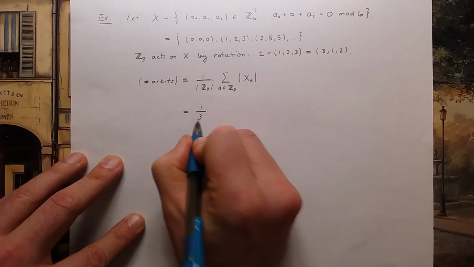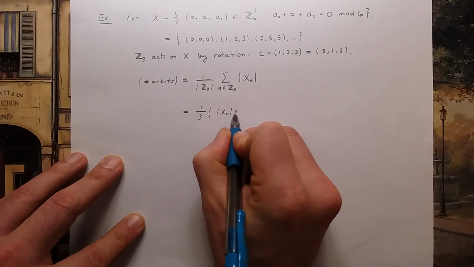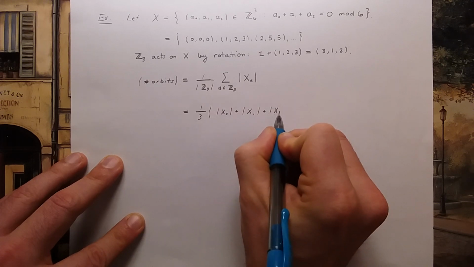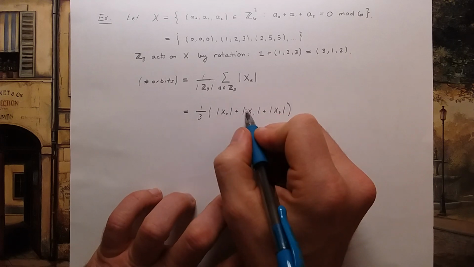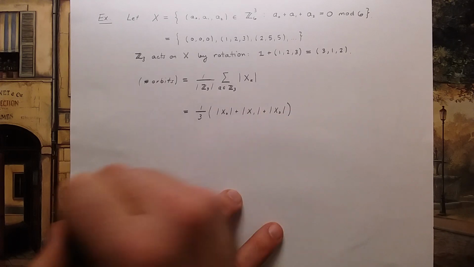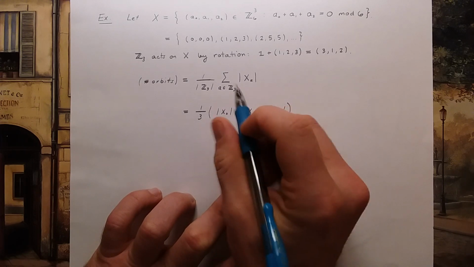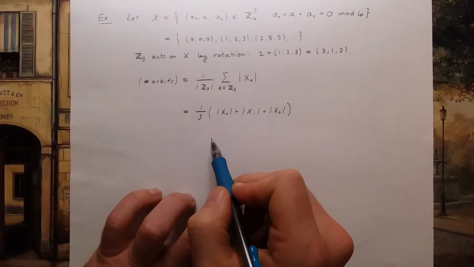So 1/3 times x0 plus x1 plus x2. If you remember from last quarter, these sets are the fixed point sets. So these are all the elements in X that are fixed when you apply 0.